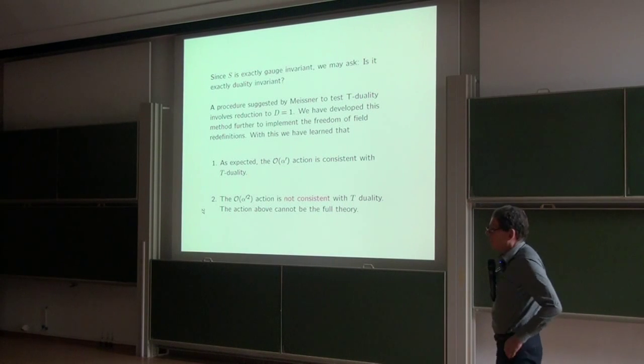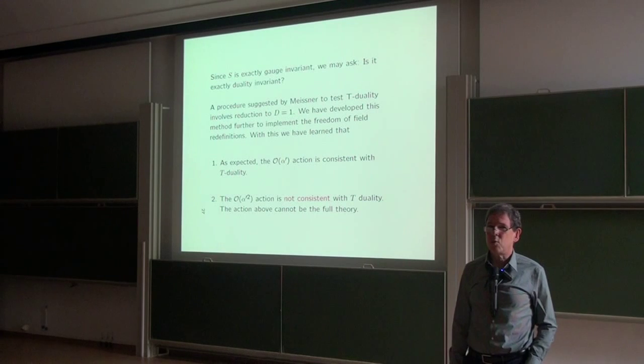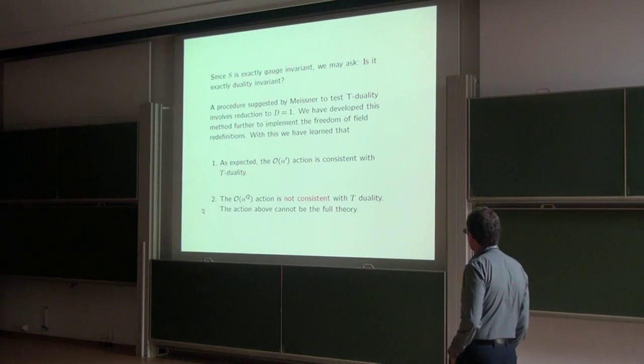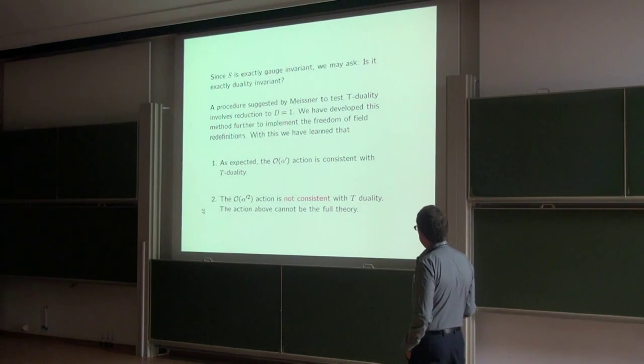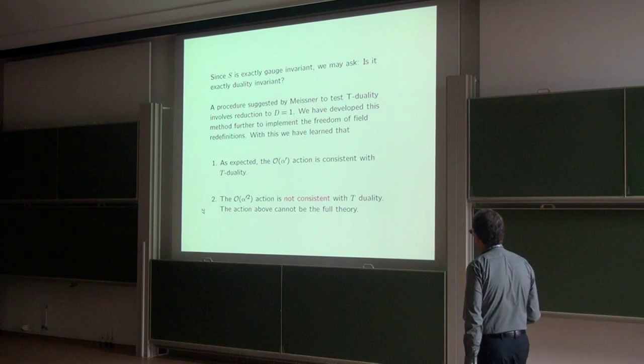Well, we were faced with a problem of testing duality invariance to order alpha prime squared, which is very difficult in principle. There's a procedure that Meissner invented many years ago to test T-duality by reducing to one dimension.